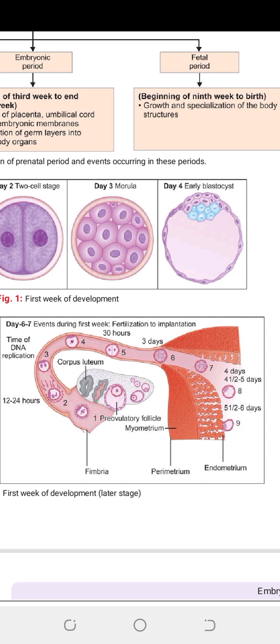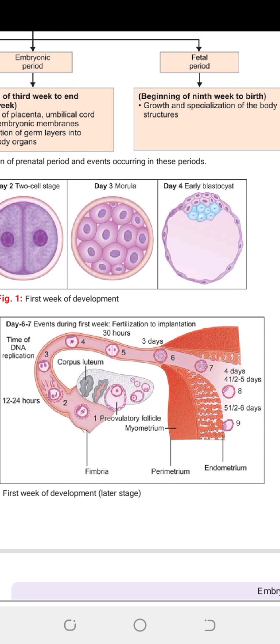In two-thirds of cases, it attaches to the posterior wall, and in one-third of cases, it attaches to the anterior wall. Implantation begins 6-7 days after fertilization, and it is approximately the 20th to 21st day of a regular menstrual cycle.